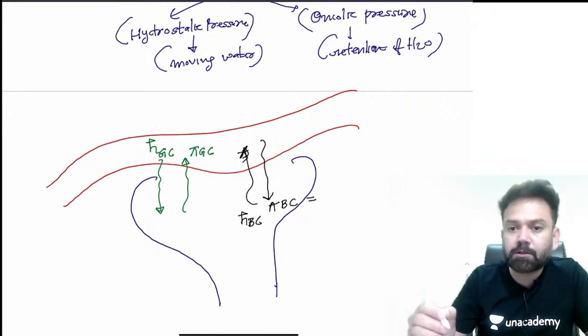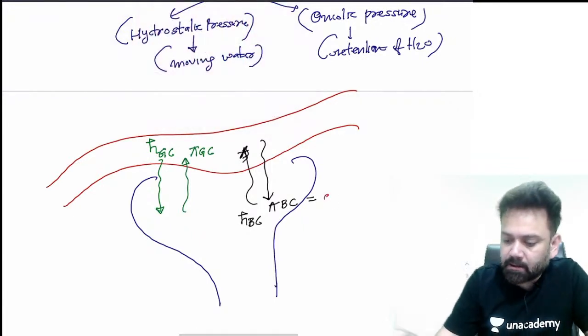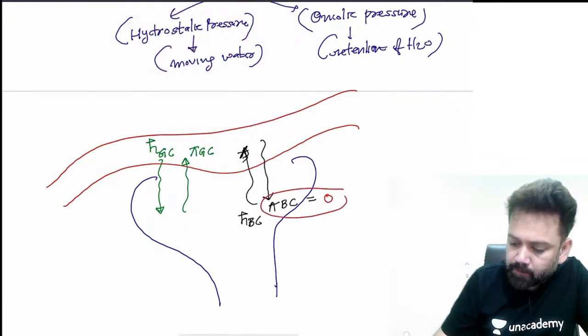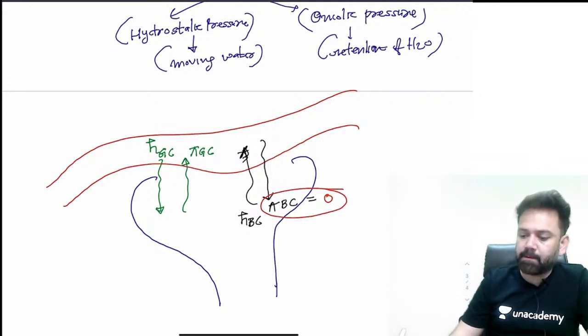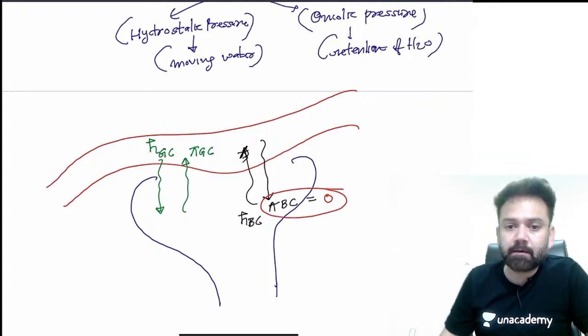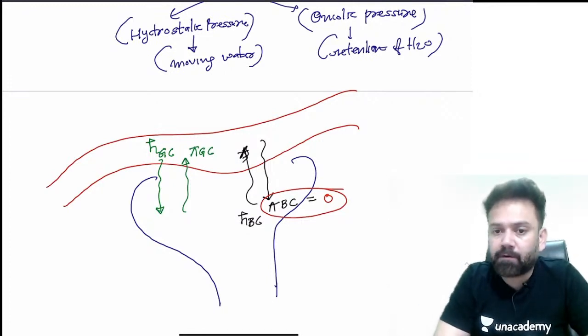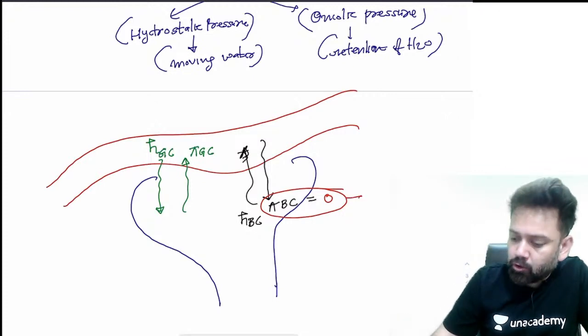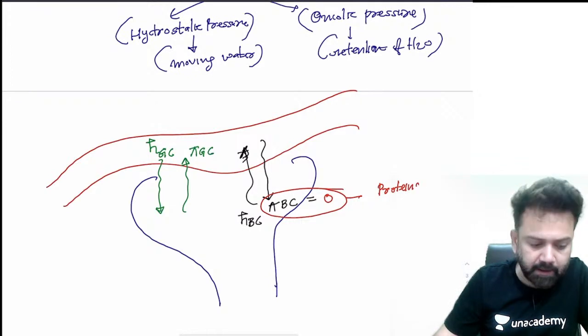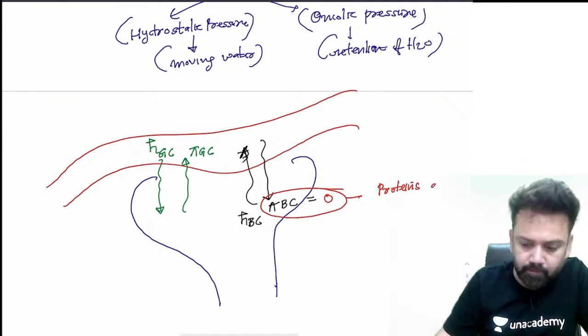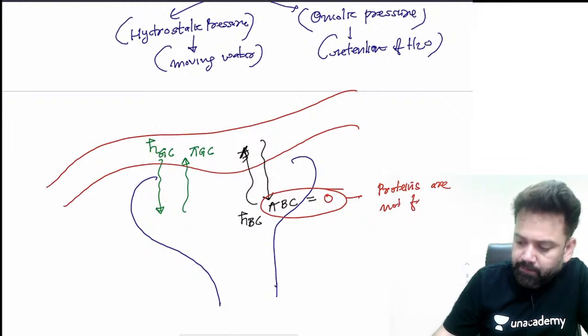Because proteins are not filtered, this will be 0. Yes or no? This will be 0, as simple as that, because normally proteins are not filtered.